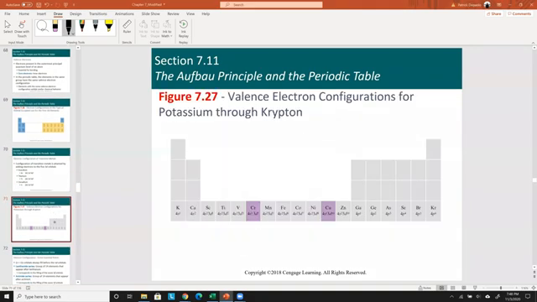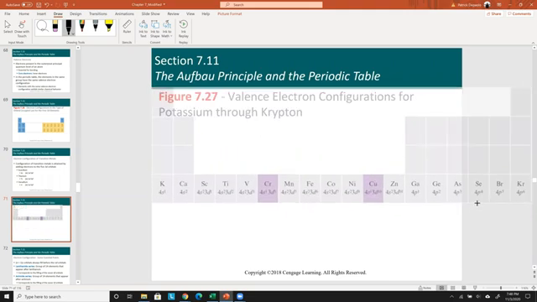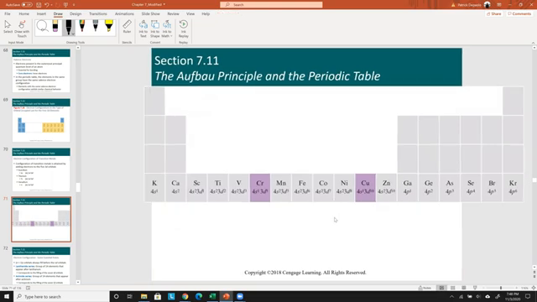Now let's get into specifics of exceptions. Let's take a look at these exceptions and we'll explain why, based on what we just learned of the orbital diagram. Ignore everything else. Let's just look at period 4.